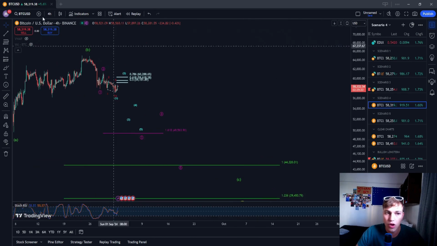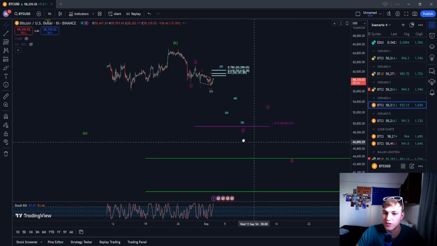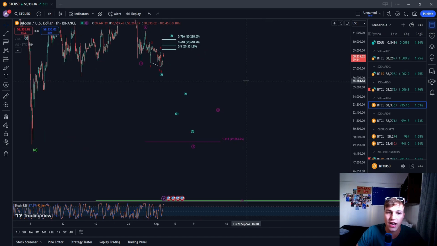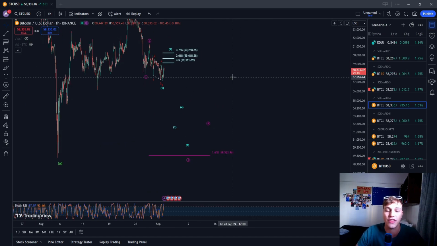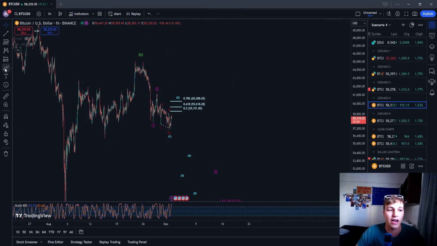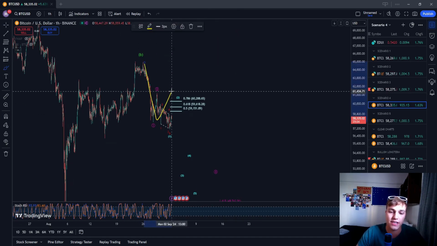Now, on the hourly time frame, we have the moves still to the downside. I, in my opinion, would also not take a trade on the hourly time frame. The hourly entry point was around here when we anticipated that drop.